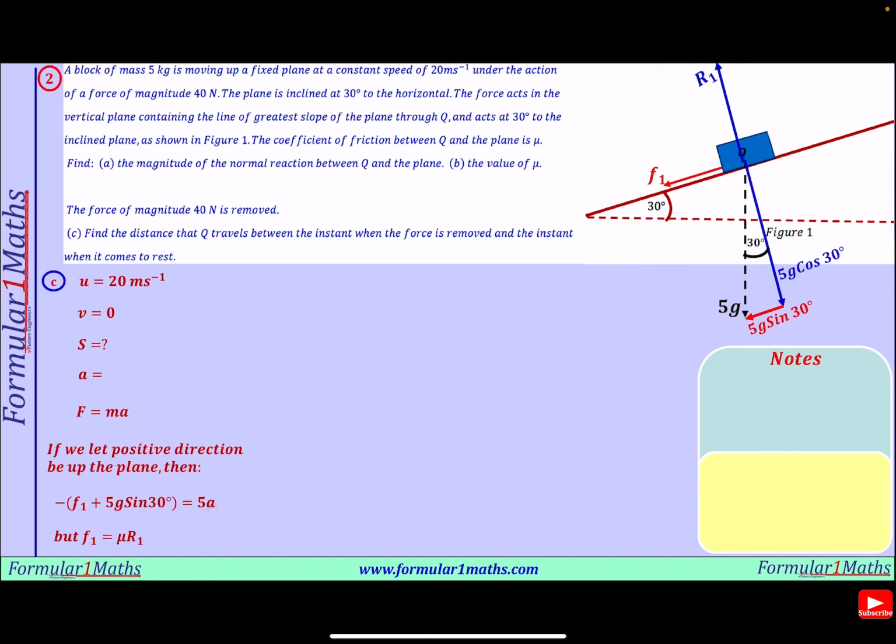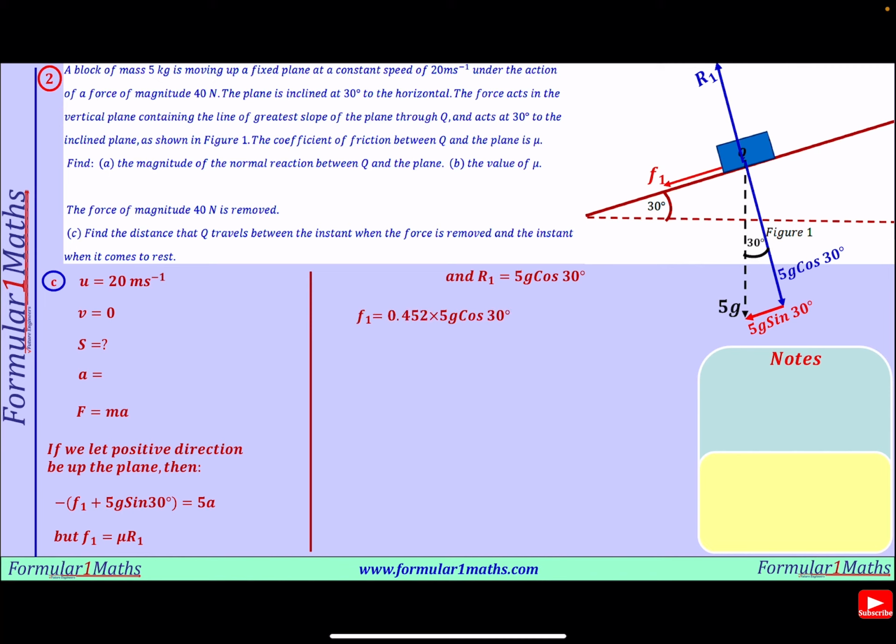So we need to find F1. But F1, we know, is equal to mu times R1. And because the surface has not changed, mu is the same as we had in the previous question. And also, R now has changed and it's only equal to 5g cos 30.